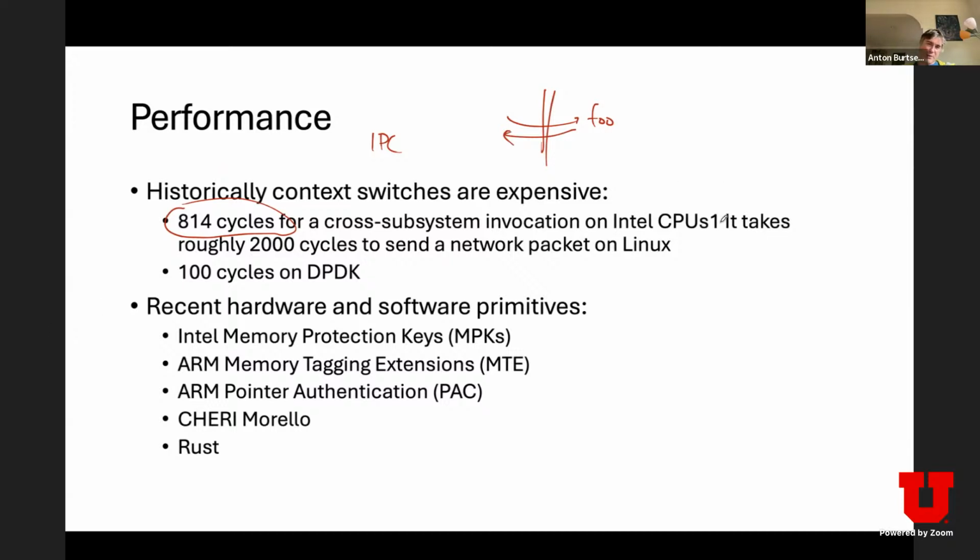I also mentioned this number before, but it takes roughly 2,000 cycles to send a network packet in Linux. If you add 814 cycles to these 2,000 cycles, your performance drops quite a bit, right? And if you work with even faster systems like the Data Plane Development Kit, DPDK, those spend only roughly 100 cycles per packet, so isolating those is even harder.